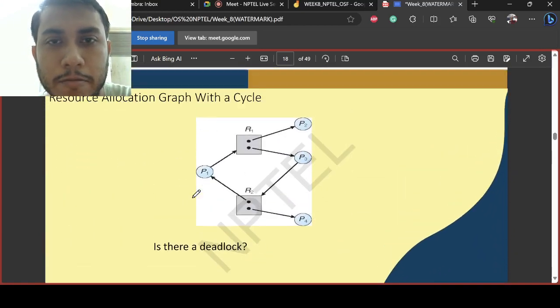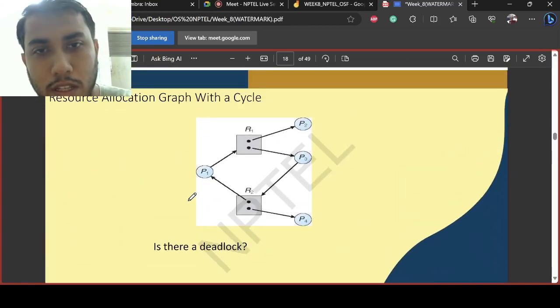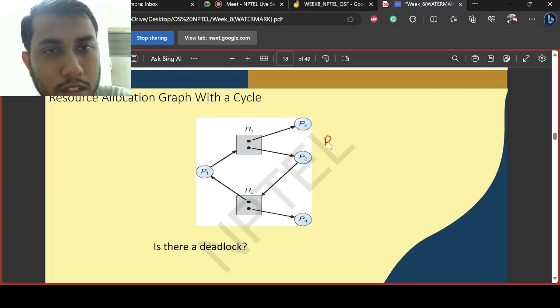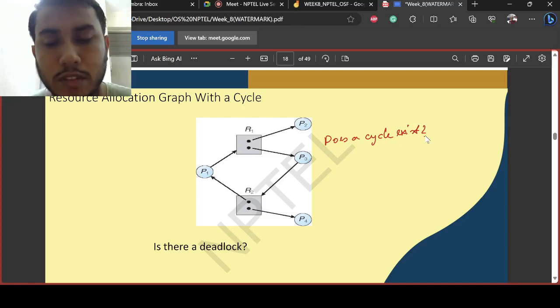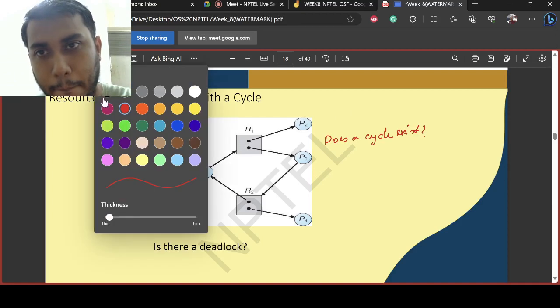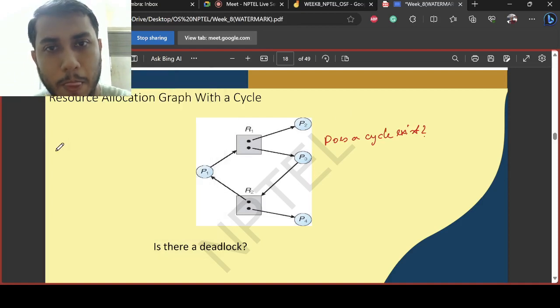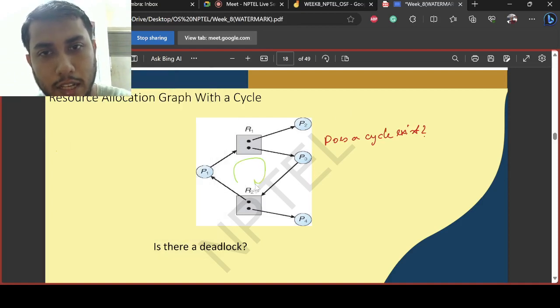So consider this graph. Does a cycle exist in this graph? If you notice, yes, there exists a cycle. This is a cycle.